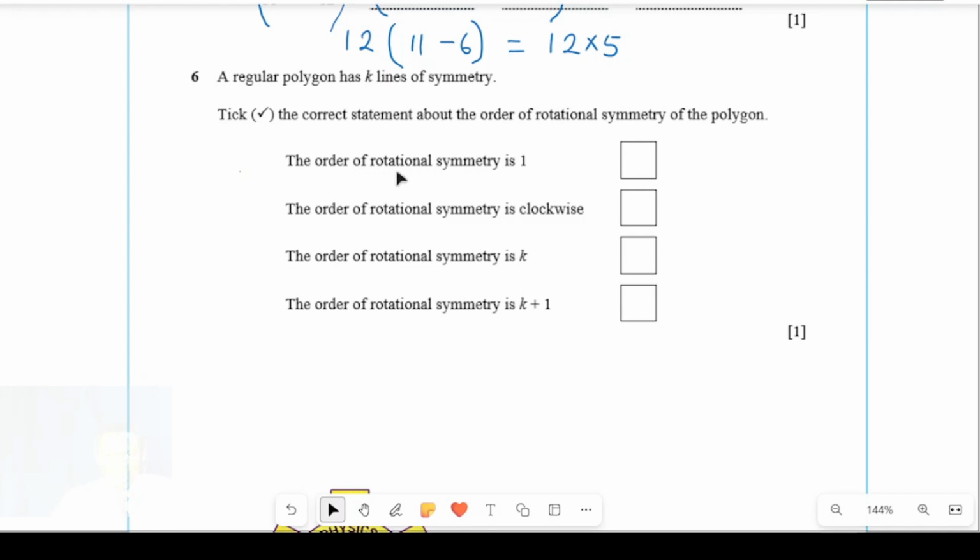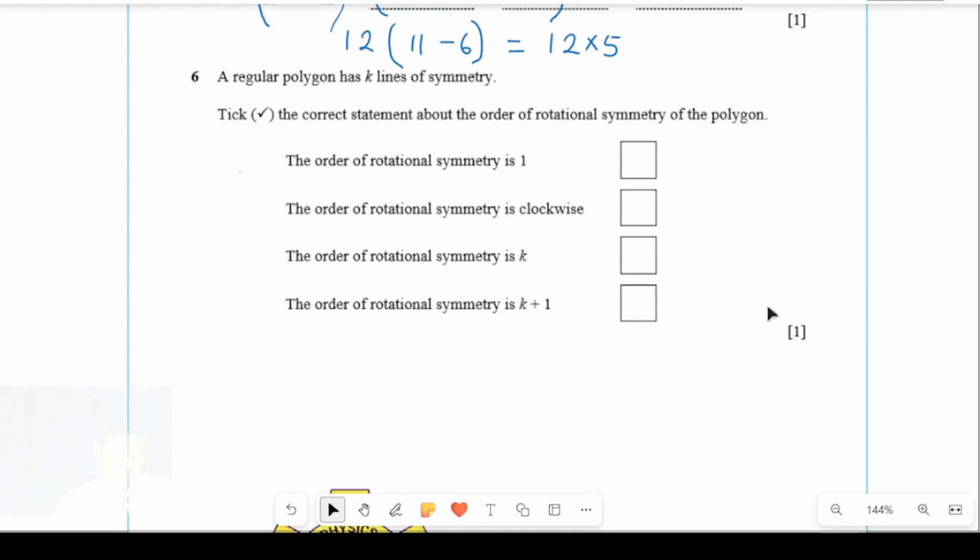The order of rotational symmetry is 1. The order of rotational symmetry is clockwise. The order of rotational symmetry is k. Then the order of rotational symmetry is k plus 1.